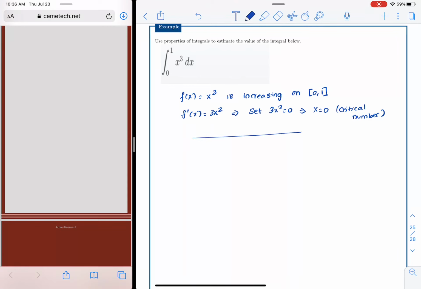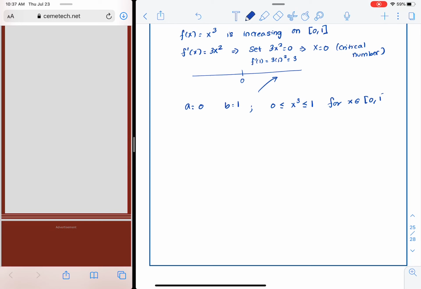That said, we have a as 0 and b as 1. Since f of x is increasing, we know that the value of x cubed has to be between 0 and 1 for x in 0 to 1.